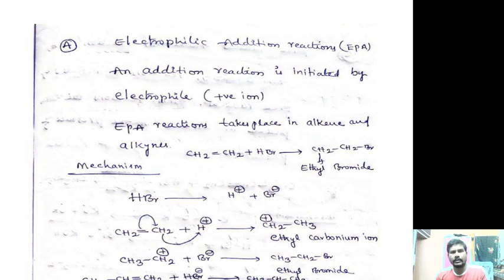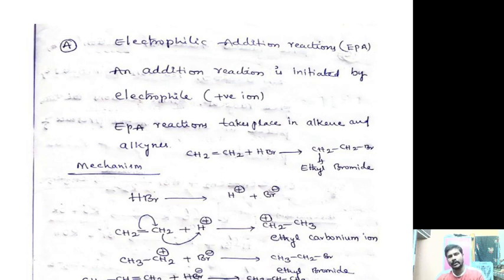Ethylene or alkene acts as a nucleophile, since there is a pi bond between the two carbons, and the nucleophile wants an electrophile. You get the ethyl carbonium ion. This carbonium ion combines with the bromide ion and you get ethyl bromide. The electrophile is the initiator here, so it is called an electrophilic addition reaction.